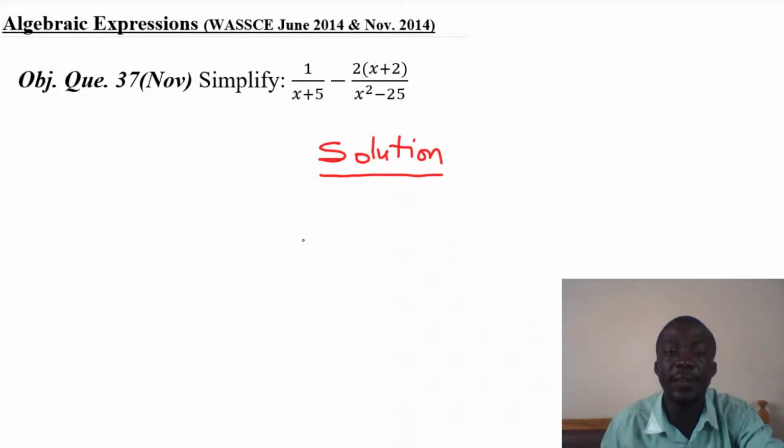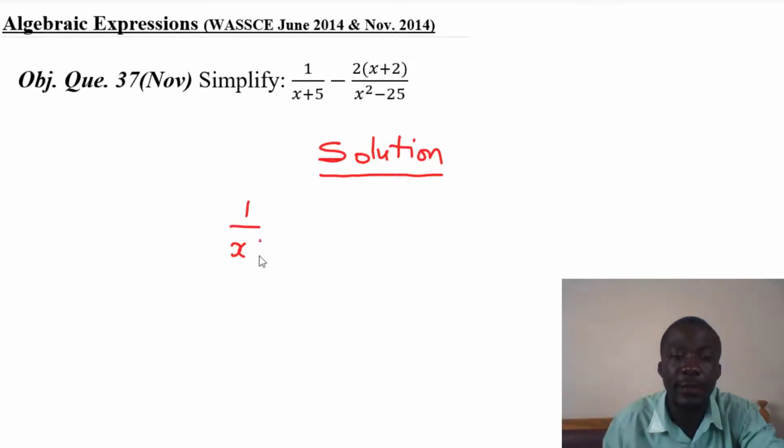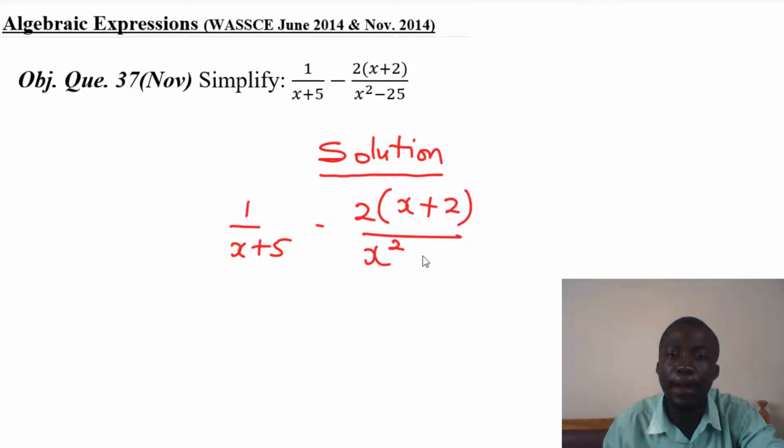Objective question 37, November. We have been tasked to simplify 1 over x plus 5 minus 2 into bracket x plus 2 over x squared minus 25. So our first step, we are going to find the least common denominator.